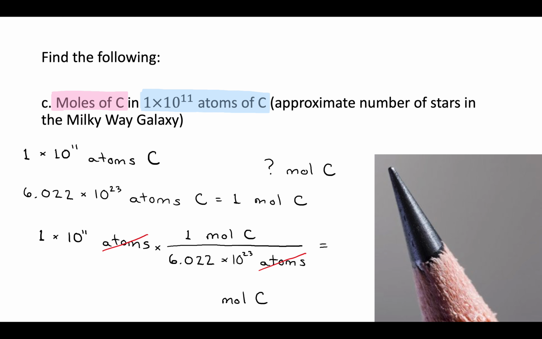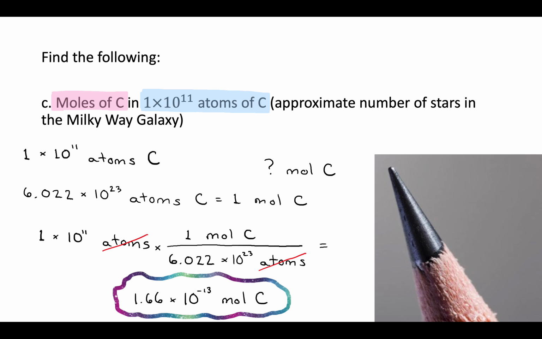And the way you'd plug this in a calculator, you'd have open parentheses, 1 times 10 to the 11th, close parentheses, times 1, enter, divided by, open parentheses, 6.022 times 10 to the 23rd, close parentheses, enter, and you should get 1.66 times 10 to the negative 13th moles of carbon.